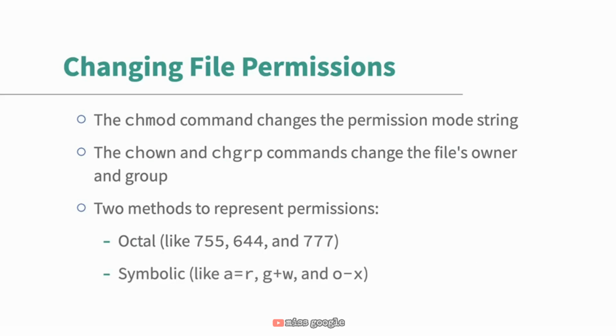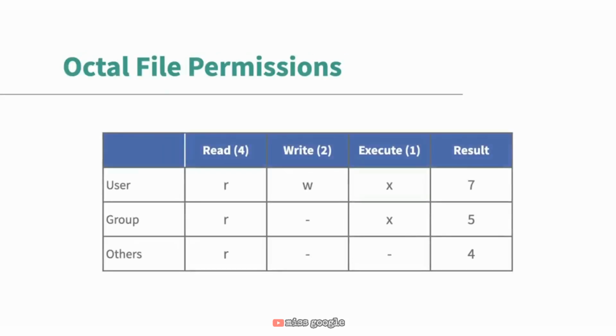We'll take a look at both, starting with octal notation. You may have seen commands like chmod 777, chmod 644, and things like that. The way we arrive at those numbers is by assigning read, write, and execute each a different value: 4, 2, and 1. That makes it easy to represent various states of these three values with just one digit.